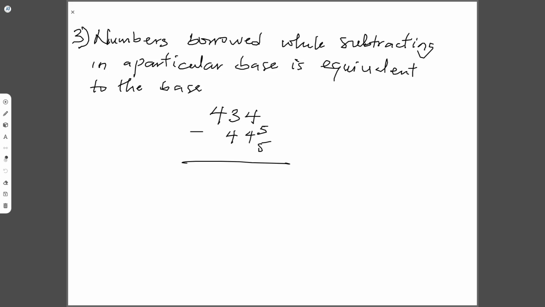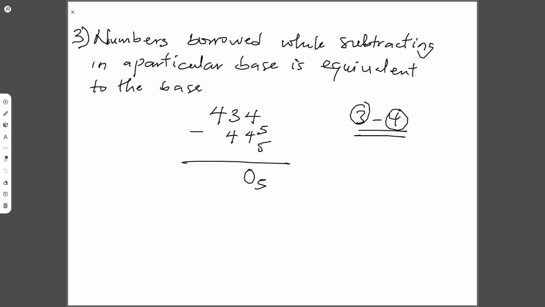If we subtract 4 from 4, this will give us 0. Take note, we are working in base 5. Now we want to subtract 4 from 3. 3 is lesser than 4, which means to subtract will not be possible, except the number we are subtracting from is bigger than 4.